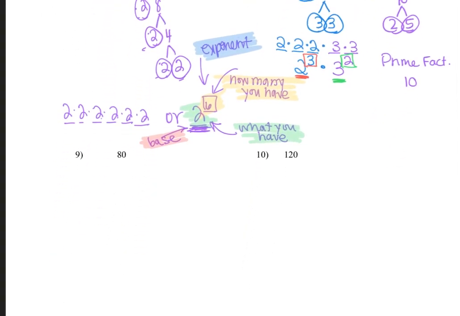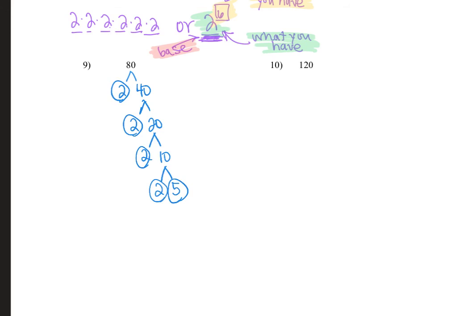Let's try another one. All right, 80. I have a lot of 2's to pull out because they're evens. 2 times 40, I circle my 2. 2 times 20, I circle my 2. 2 times 10, I circle my 2. 2 times 5, I circle my 2 and my 5. I have 1, 2, 3, 4 2's, and I have a 5.